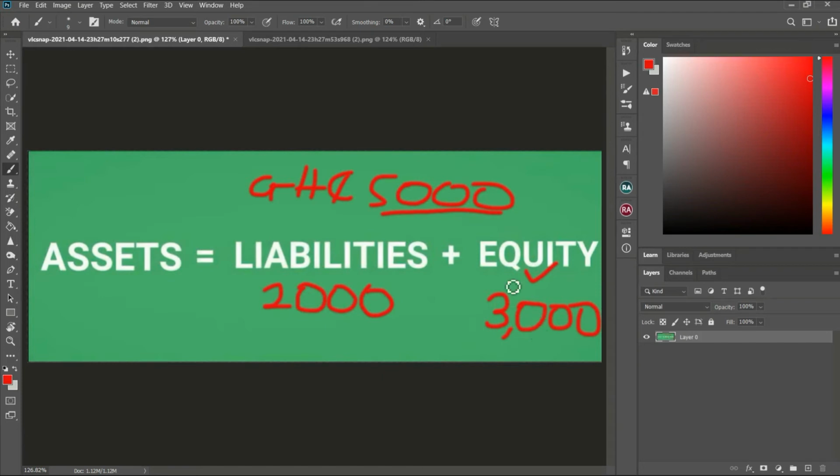This 2,000 cedis was not from your own pocket, it was from friends and family. They didn't give you that money to squander it, they gave it to you to invest in your business. Some friends may even give you the money on an interest basis, which means you pay the 1,000 plus some small interest.